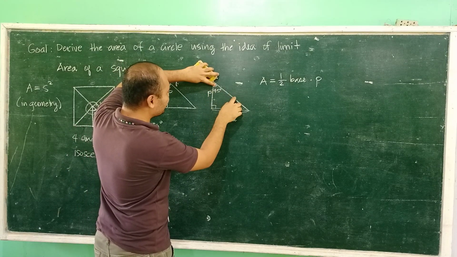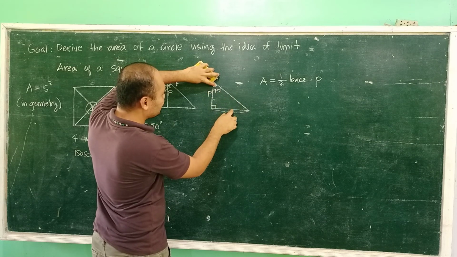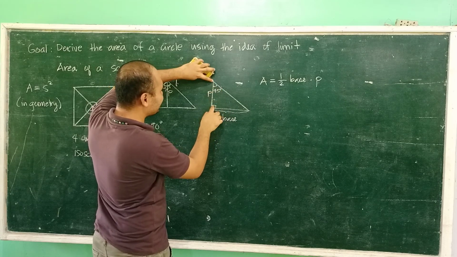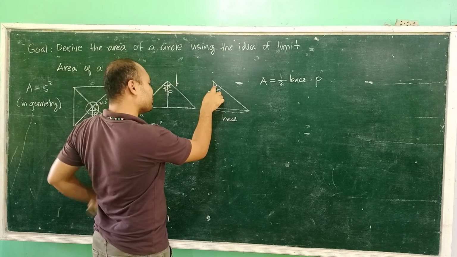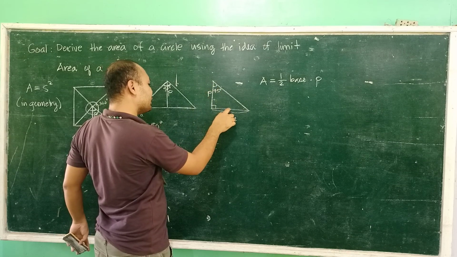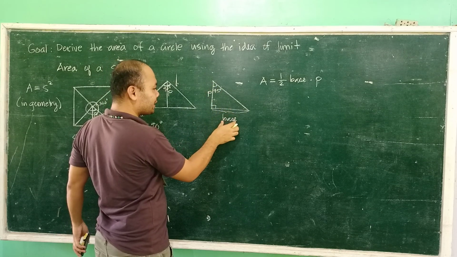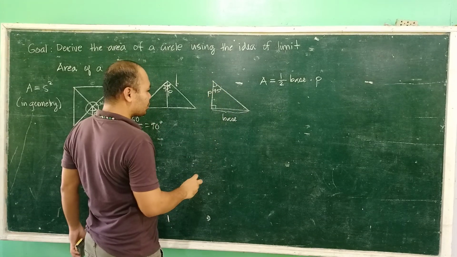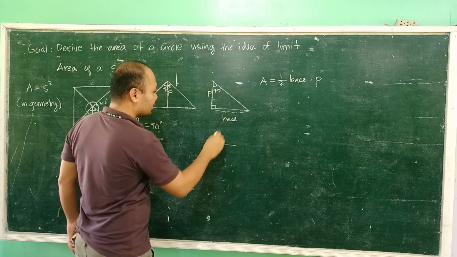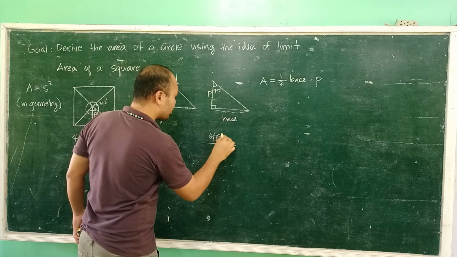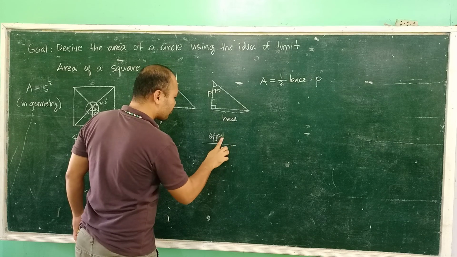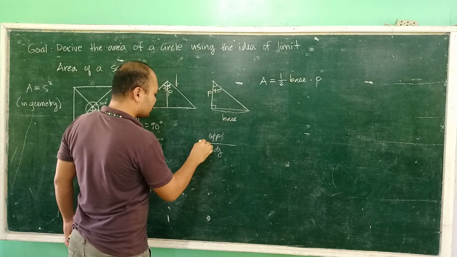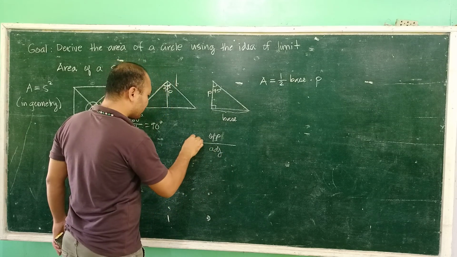The side opposite of this angle is the base, and this one is the adjacent side, given to be P. We are looking for the opposite side, and we are given the adjacent side, and this is 45 degrees.